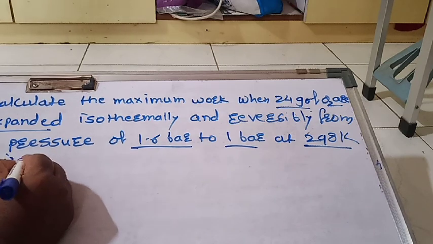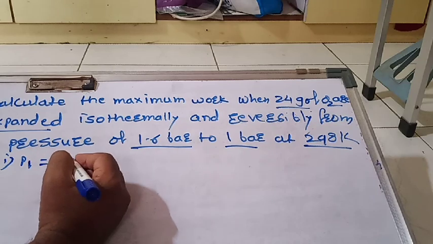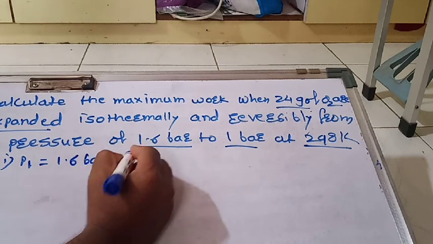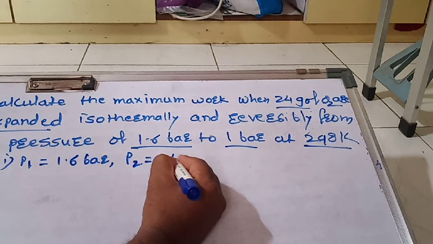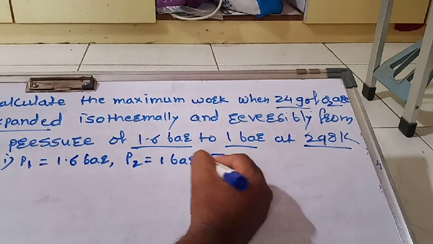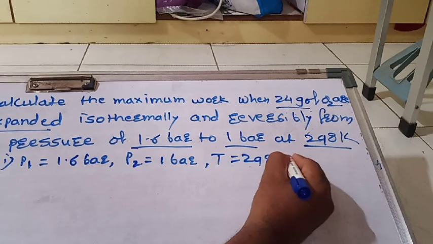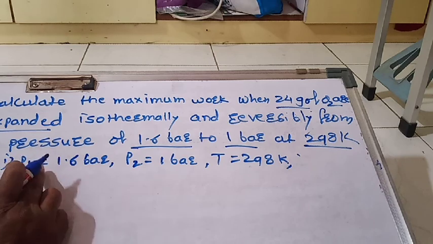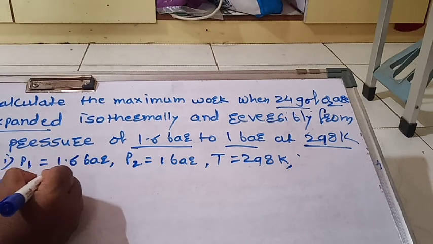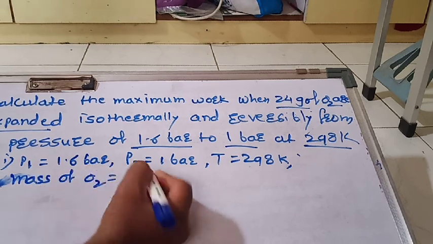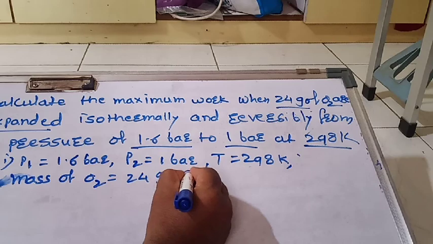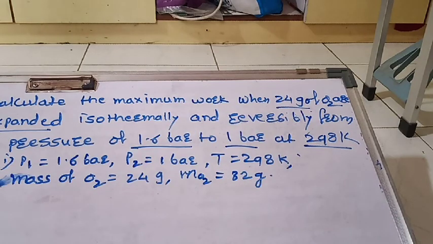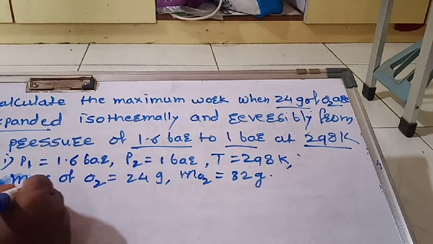P1 is 1.6 bar, P2 is 1 bar, T is equal to 298 Kelvin, mass of oxygen is 24 gram, molar mass of O2 is 32 gram, then W you have to find.